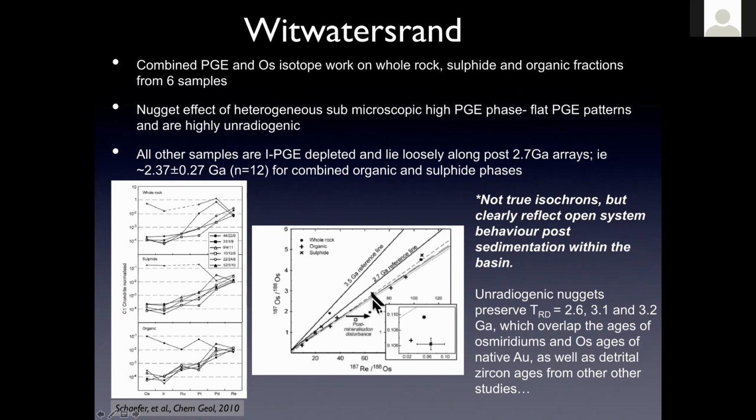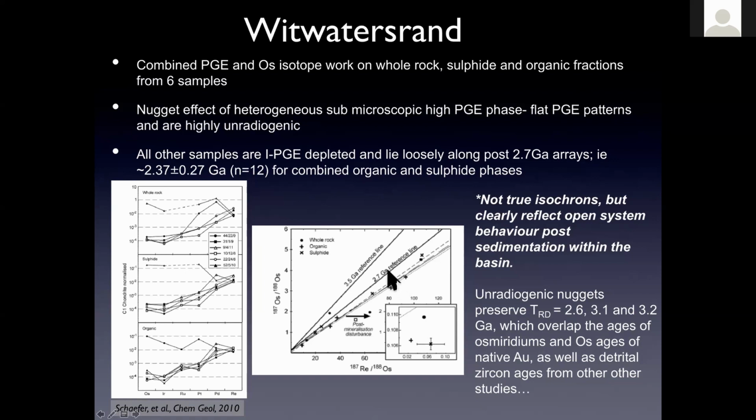So if these things were going to define isotopic equilibrium with their source region, then they should be plotting on arrays to the left of the 2.7 billion year isochron reference line. Instead, all of them, including most of the whole rocks, much to our surprise, were plotting at younger apparent ages. And these clearly reflect open system behaviour after sedimentation within the basin, which we know took place by 2.7 billion years.